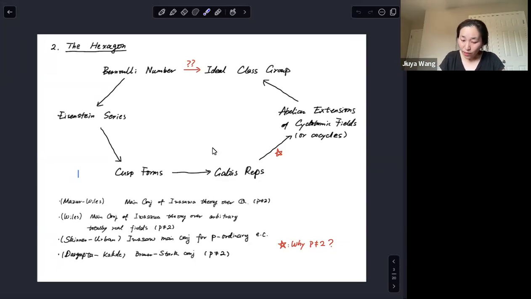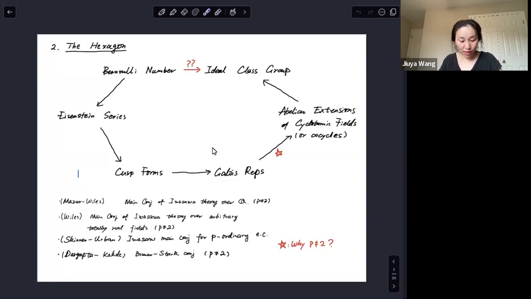And the particular node that I'm primarily going to focus on today is starting from the Galois representation to the abelian extension of the cyclotomic field. So the result that we are going to show today has the power that you can eliminate the p not equal to 2 assumption for many of these results.